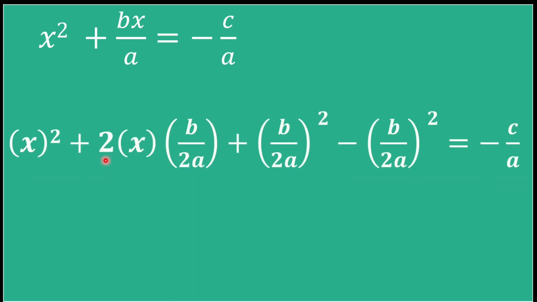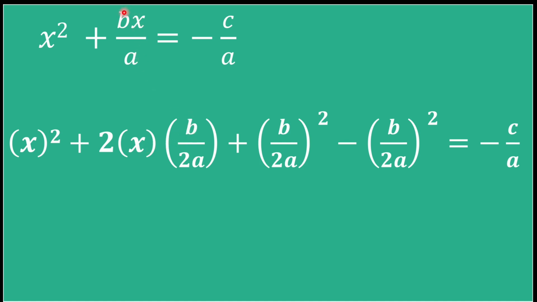And now we will try to make a complete square formula, that is (a plus b) whole squared. So for this we have a equal to x, so a squared, that is x squared, plus 2ab.